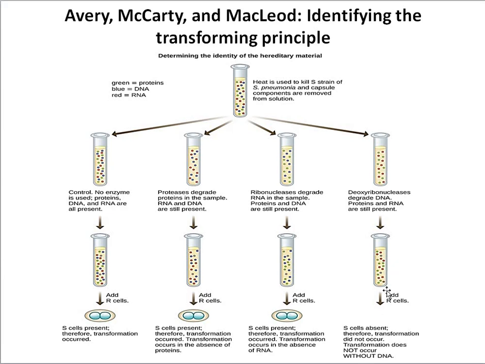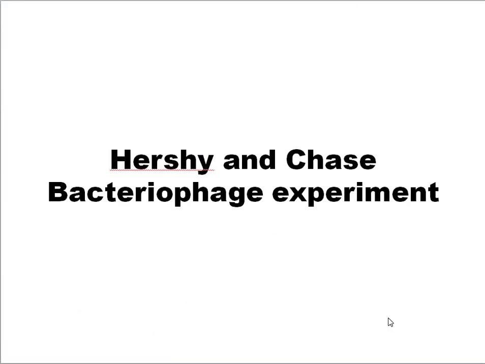That means where there is no DNA, R cells cannot become S cells. R cells cannot get the information to transform into S cells. So this established that DNA is the material which will transform the R cells to S cells, or we can say that DNA is the genetic material.